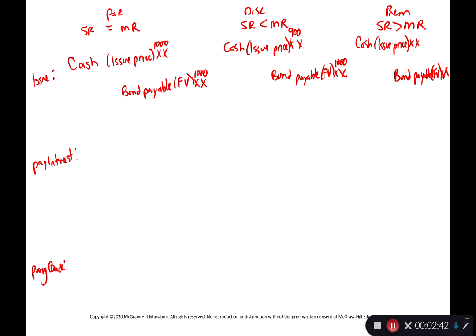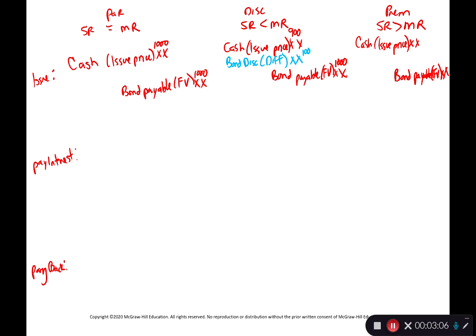Well, hopefully you know debits have to equal credits, so we have a problem. Debits don't equal credits. So to make it balance, we're going to end up needing a debit to an account, and we're going to call it the bond discount account. And that's going to be just the diff, which is difference, to make debits equal credits. And in this case, that would be $100.